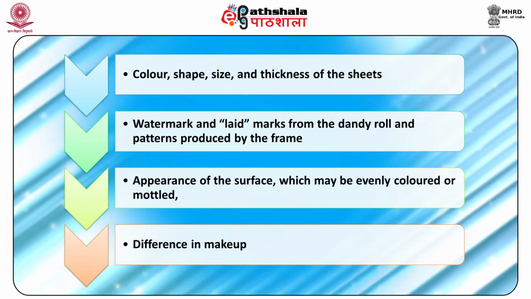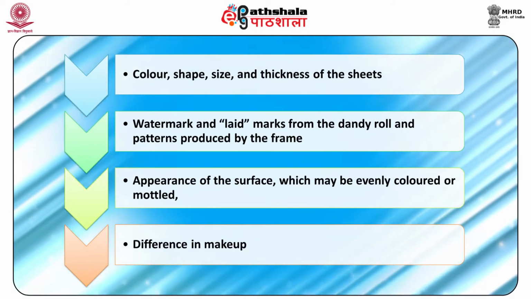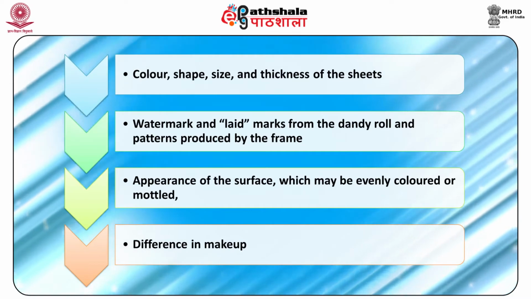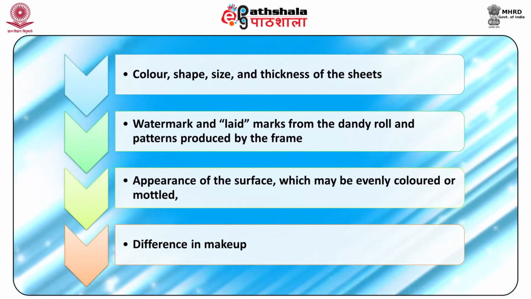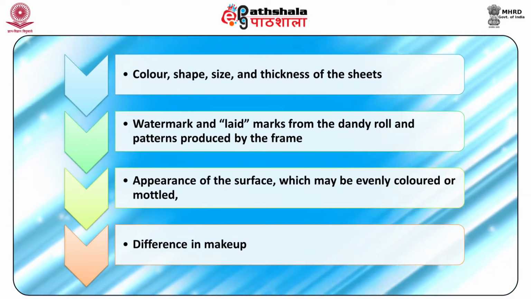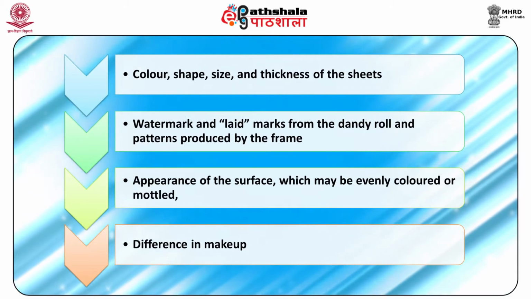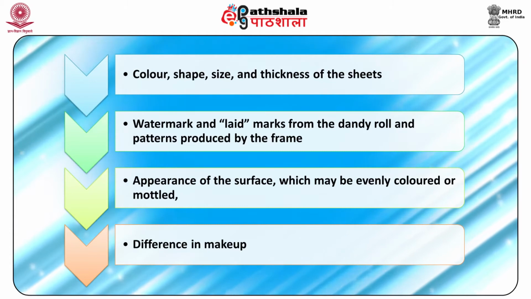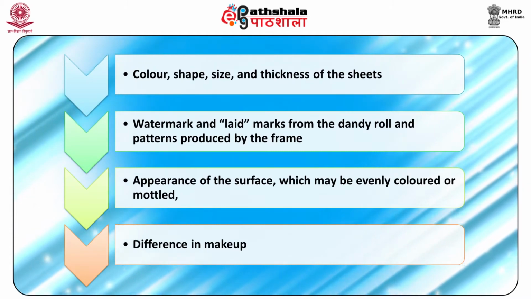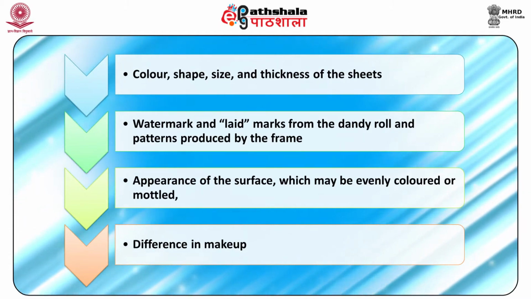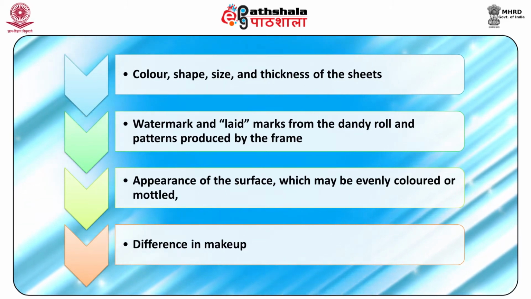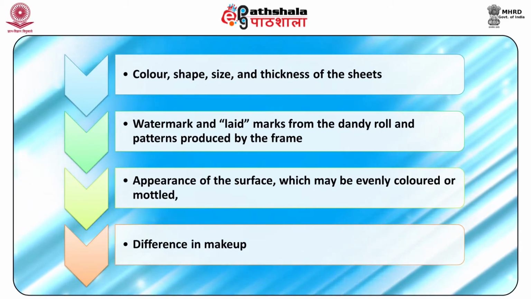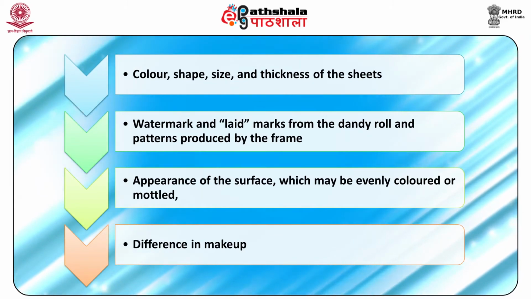Color, shape, size, and thickness of the sheets, the watermark and lay marks from the dandy rolls, and patterns produced by the frame, and the appearance of the surface, which may be evenly colored or mottled, can all be examined by simple observation and measurement.